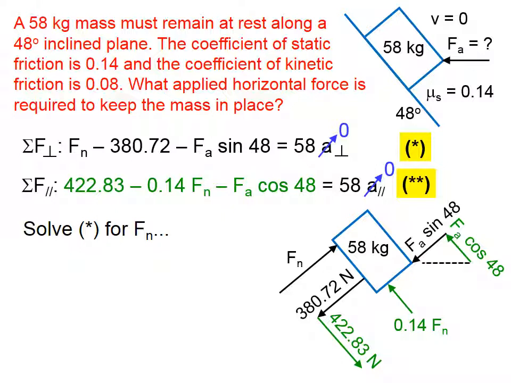So I'm going to call the top equation single asterisk and the bottom equation double asterisk, and as you can see what I'm going to do here is solve the first equation for Fn. That's what we'd have there. The 380.72 would appear on the other side of the equation as positive, as would the Fa sine 48.